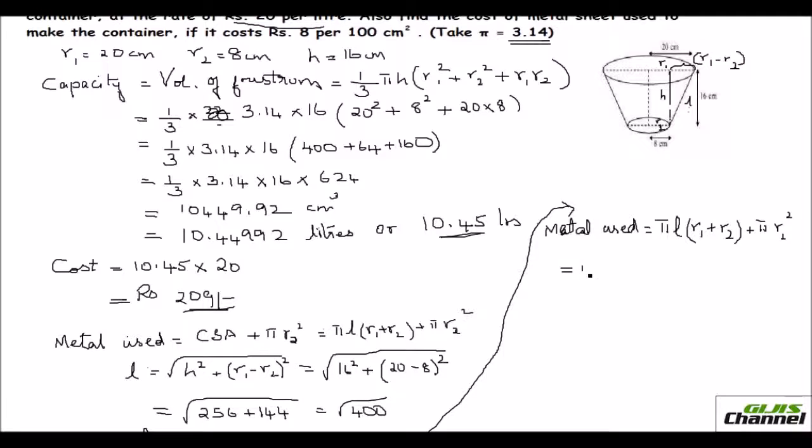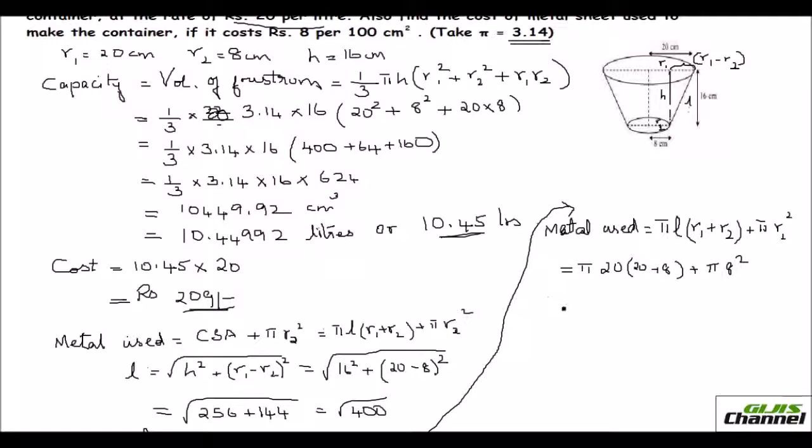Pi, for time being, let me keep it as pi only. Pi L is 20, we got it as 20, times R1 plus R2. So that's 20 plus 8, plus pi R2 square, so that is 8 square.